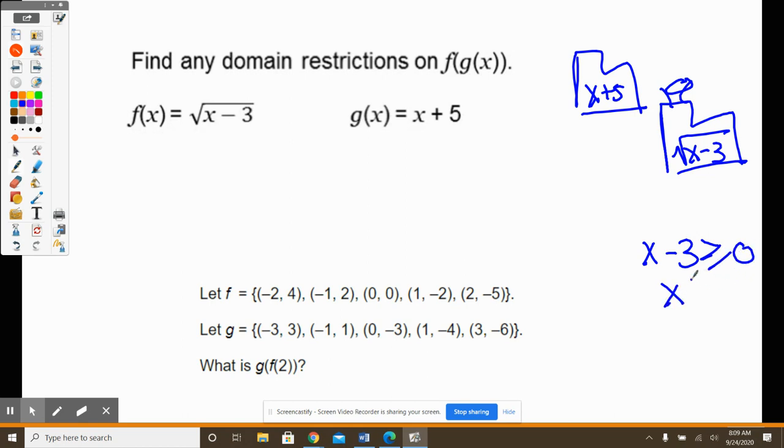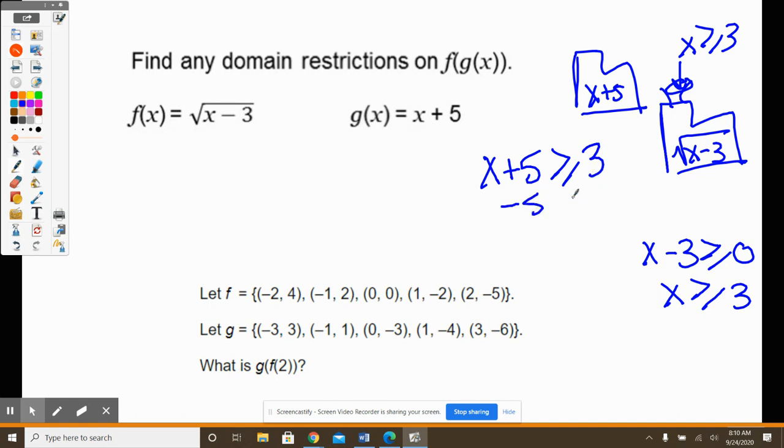So that means x has to be greater than or equal to 3. That is in this one. But this is the machine that determines what plugs in there. So that means x plus 5 has to be greater than or equal to 3. When you subtract 5, you get x is greater than or equal to negative 2. That would be the domain restriction.